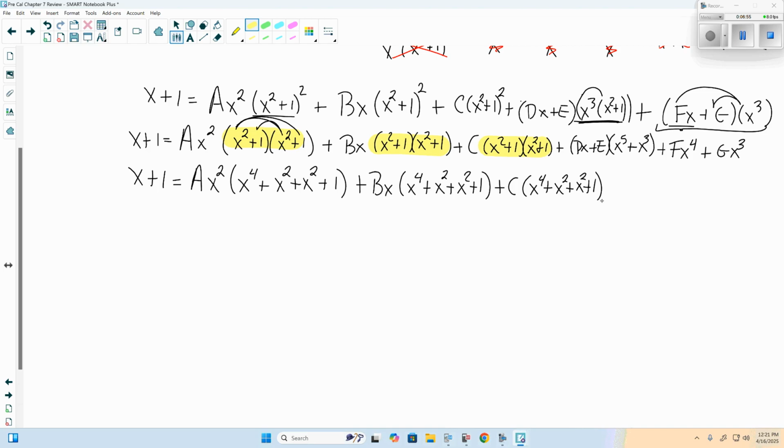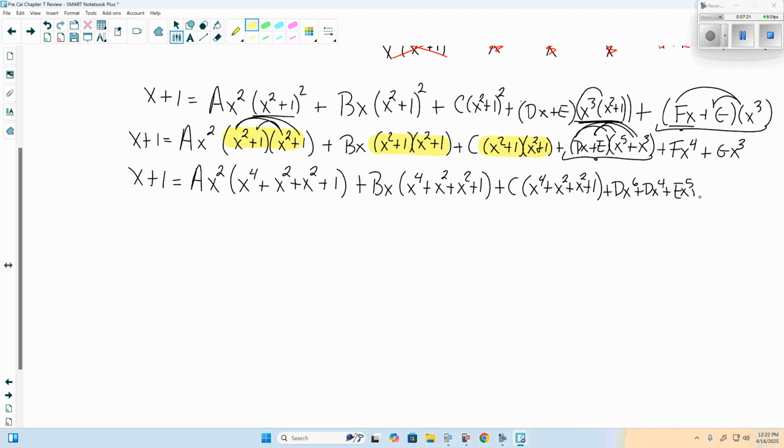Now, for our next one, dx plus e times x to the 5th plus x cubed, we can go on and distribute that out. Dx times x to the 5th is going to be dx to the 6th. Dx times x to the 3rd is going to be plus dx to the 4th. E times x to the 5th is ex to the 5th.